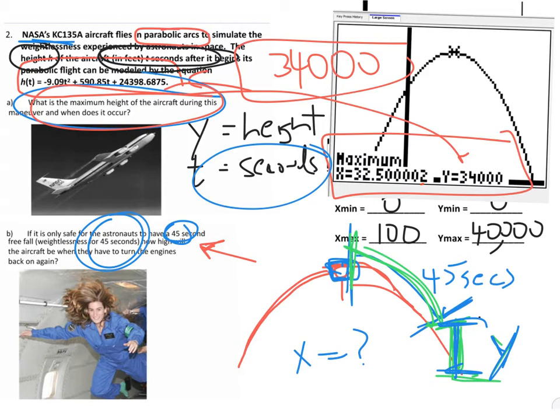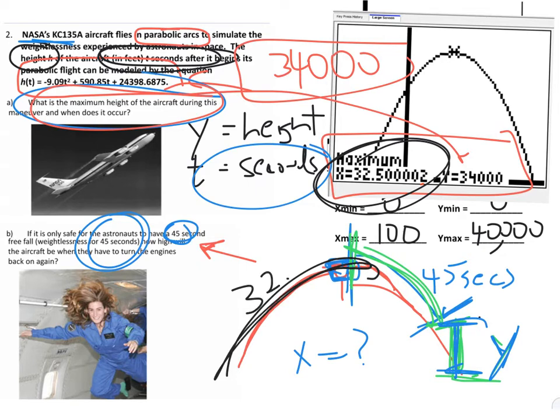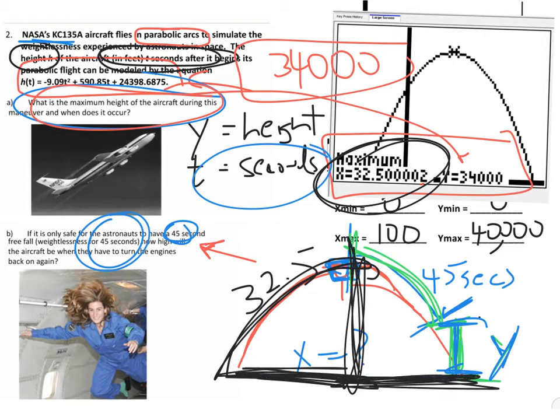But here's what has to happen. The maximum occurs after 32.5 seconds. So basically this x value up to that maximum is 32.5. Then after 32.5, that's when the 45-second weightlessness test takes place.